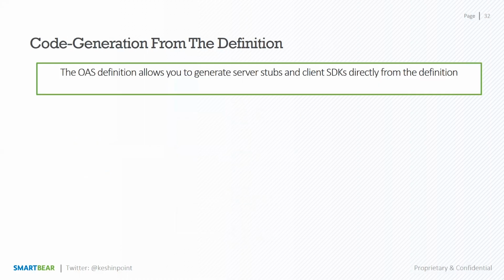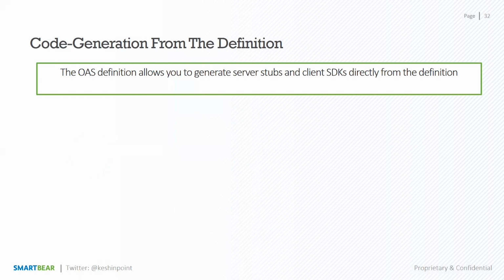One of the big reasons why the original Swagger specification and now the OpenAPI specification has really taken off is simply because you can prototype much faster by generating server stubs or client SDKs directly from the definition. And I'm not kidding when I say there are some really great tools out there, like Swagger Codegen, which is completely open source.